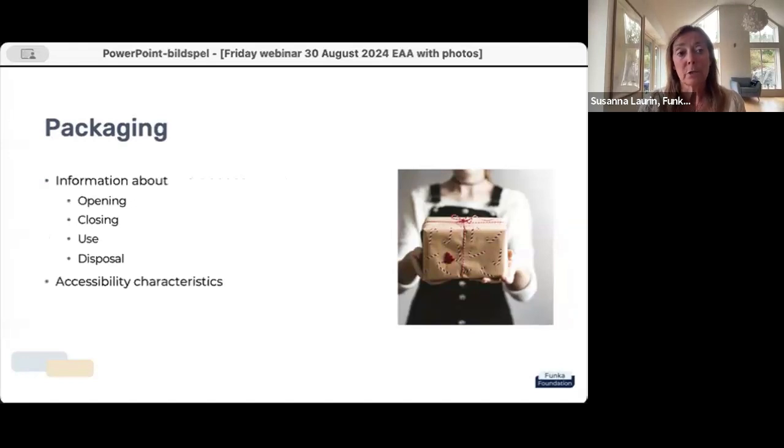And also information about the accessibility characteristics or features of the product or services needs to be provided, either on the package or in an adjacent digital format in a website or app or such thing. All of this needs to be provided in an accessible way and on the package if it's feasible, or elsewhere, could be a website.